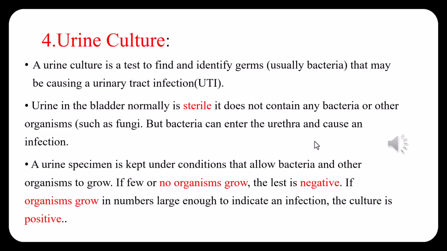We make the environment a good environment for bacterial growth. If there is no growth of bacteria, it means the result is negative. And if the bacteria grow under the favorable conditions, we can say the result is positive, or the sample has bacteria, or different kinds of bacteria, present.